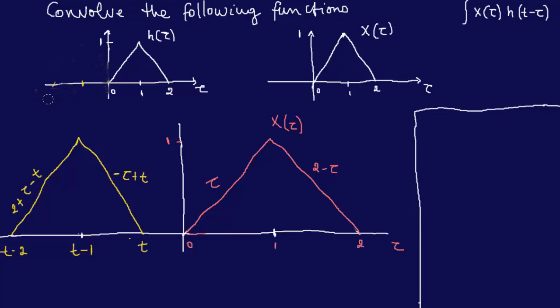So the yellow triangle is your h of t minus tau, and this is your x of tau.